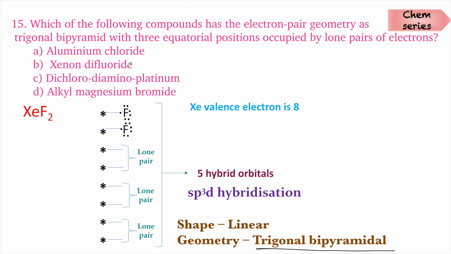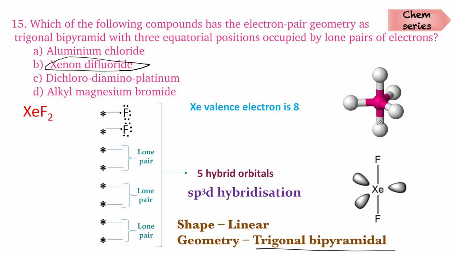So we are taking xenon difluoride as our answer, and you see they have even added an extra thing: 3 equatorial positions occupied by lone pairs of electrons. In xenon difluoride, the geometry is trigonal bipyramidal, and we have 3 lone pairs, that means all the 3 equatorial positions.